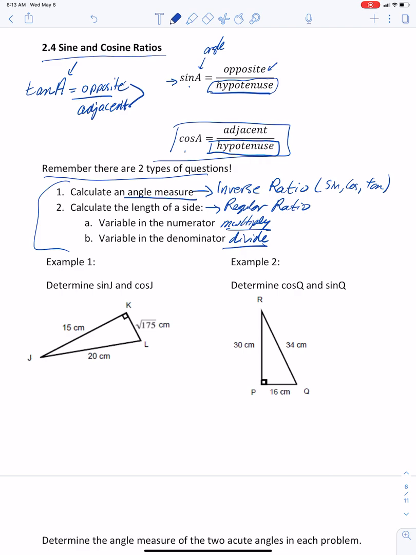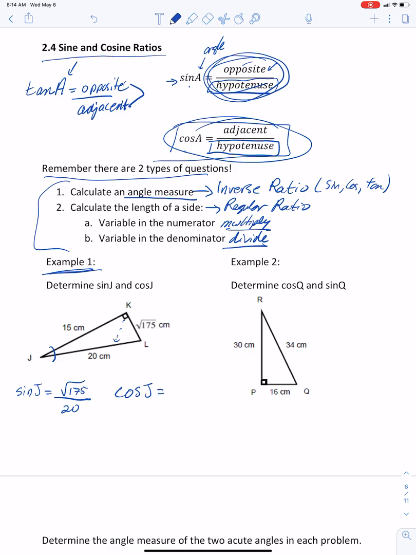So let's turn our attention to these examples down here. Sine j. So the sine is, remember, the opposite over the hypotenuse. So the opposite is root 175, and the hypotenuse is 20. So that is the sine of that angle. The cosine of j is the adjacent over the hypotenuse.